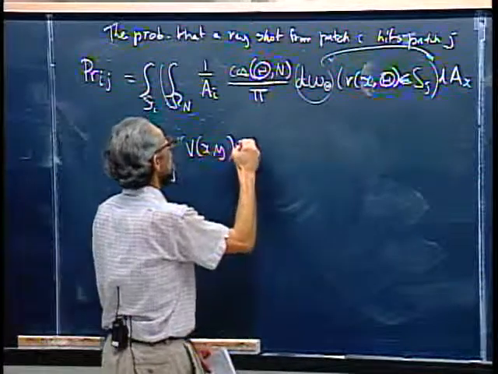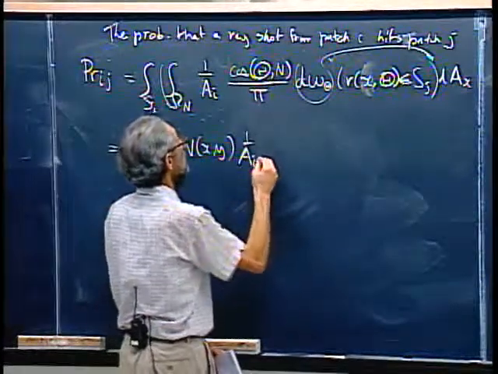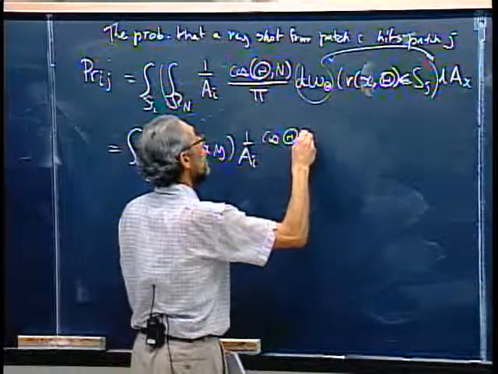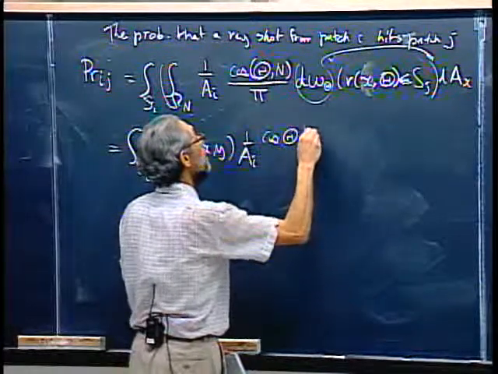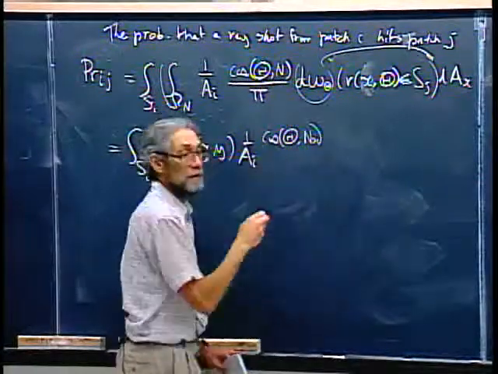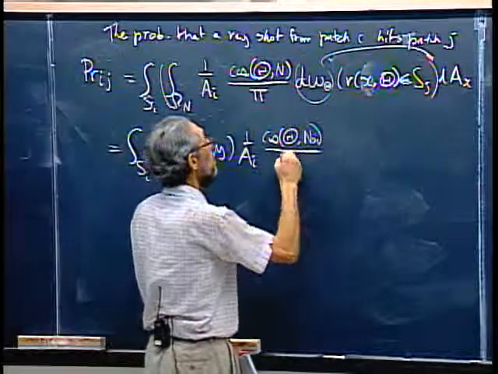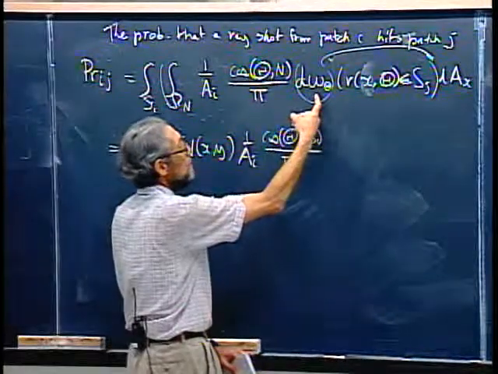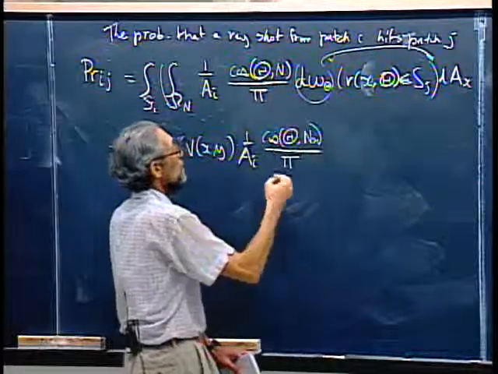Now we have 1 over Ai. We have cosine theta n, really this is n at x. X is on the surface. I'm assuming that it's a flat surface. Over pi. And now we have to have this d omega. We've already taken care of this factor here.